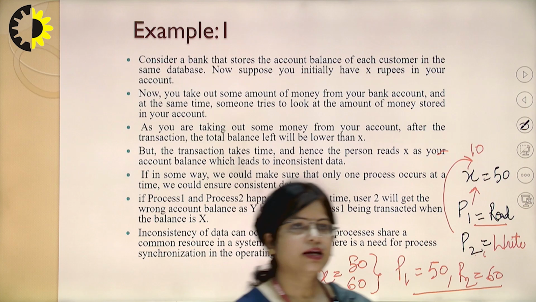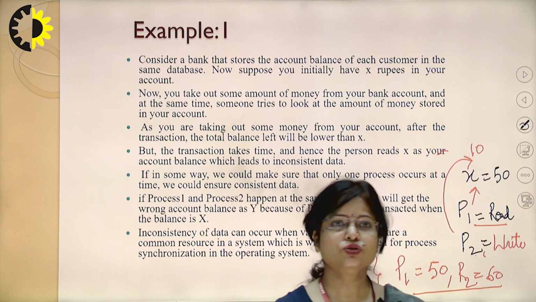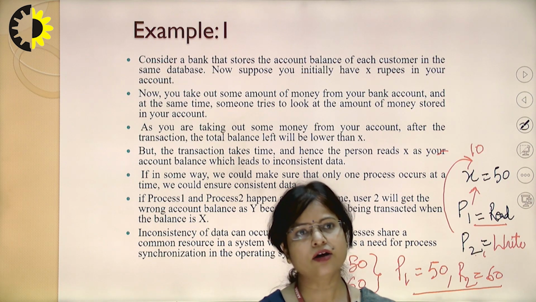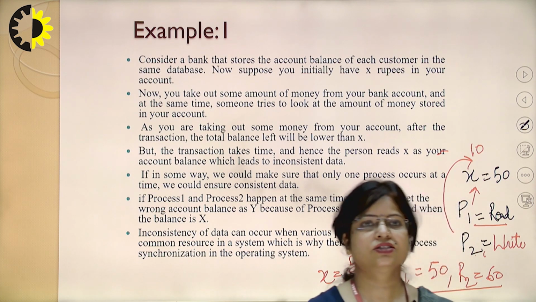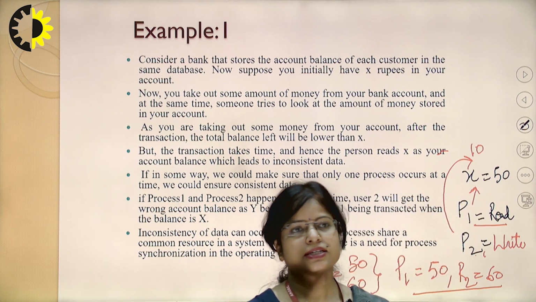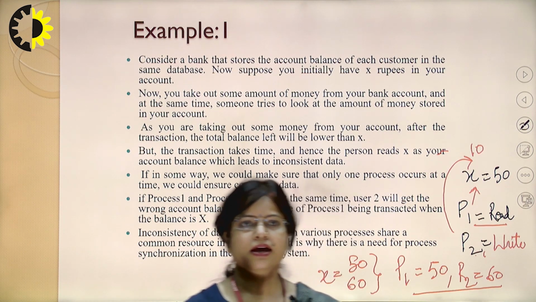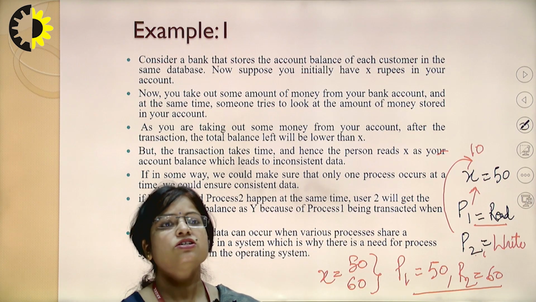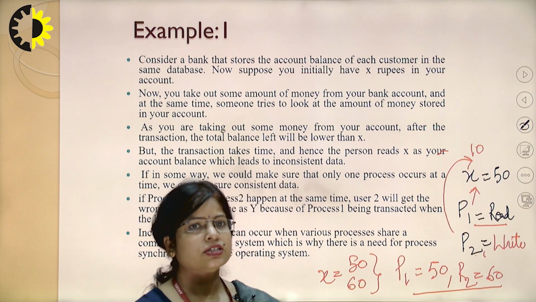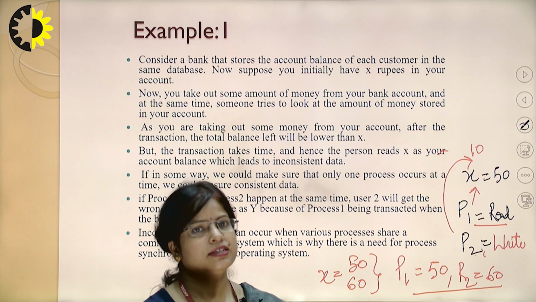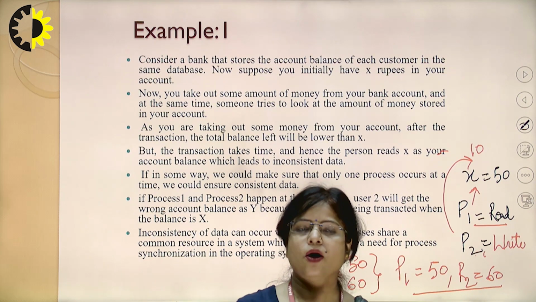So, if process 1 and process 2 happen at the same time, user 2 will get the wrong account balance as Y because of process 1 being transacted when the balance is X. So, inconsistency of data can occur when various processes share a common resource in a system, which is why there is a need for process synchronization in the operating system.